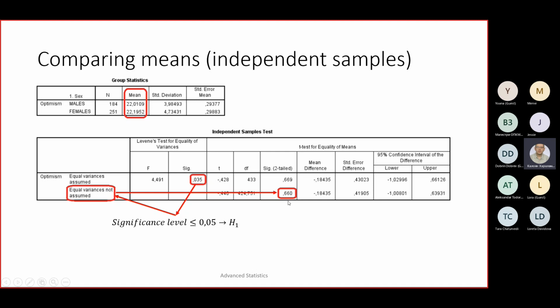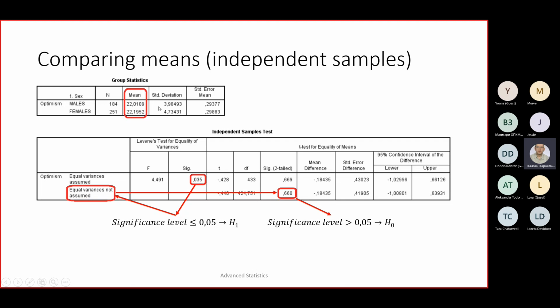And here, this significance level, 0.66 or 66%, is larger than 5%. So the final conclusion is that we must accept the null hypothesis.